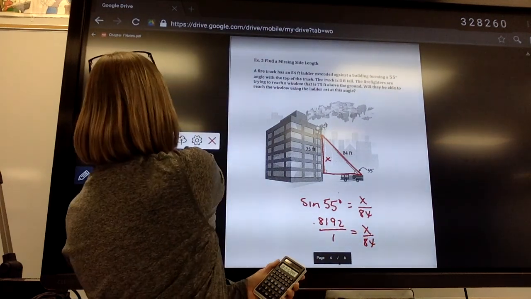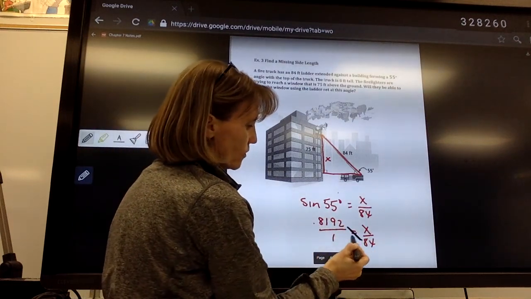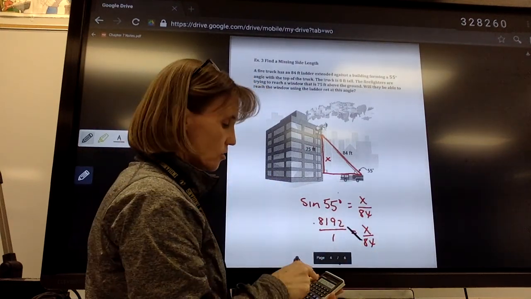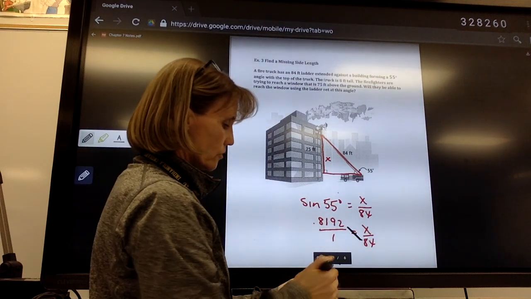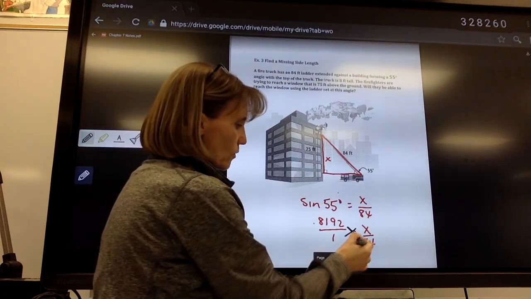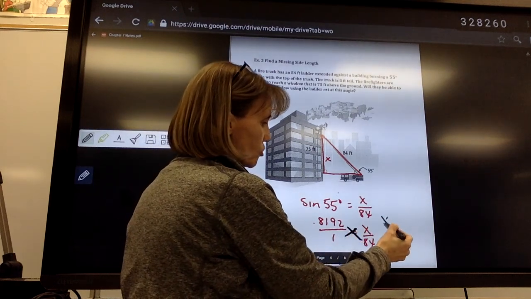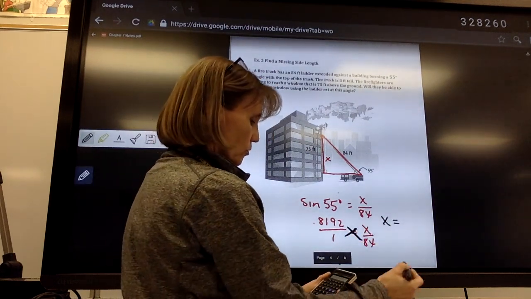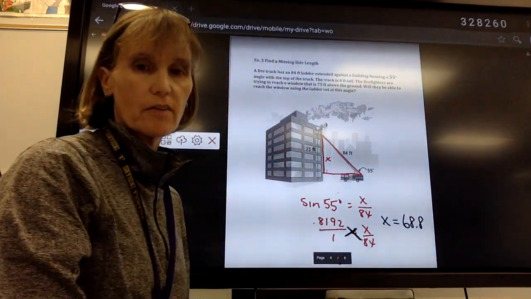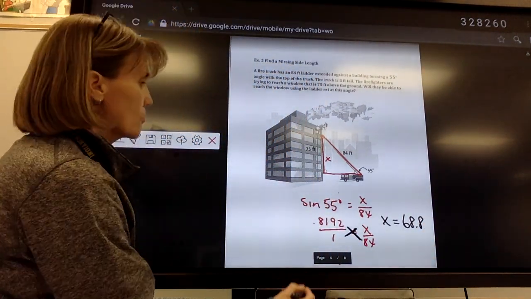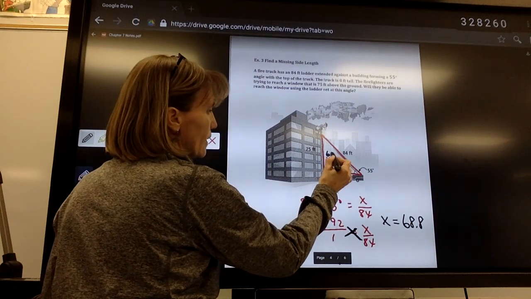We're going to use cross products to solve this. So I'm going to take that decimal times 84 and hit equals. That's going to equal this product, which is 1 times x, which is just x. So x is equal to 68.8. I'm rounding it to the nearest tenth. So this distance is 68.8.